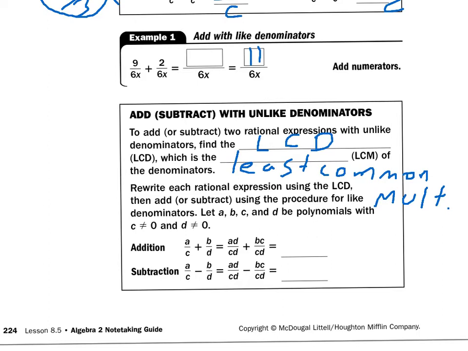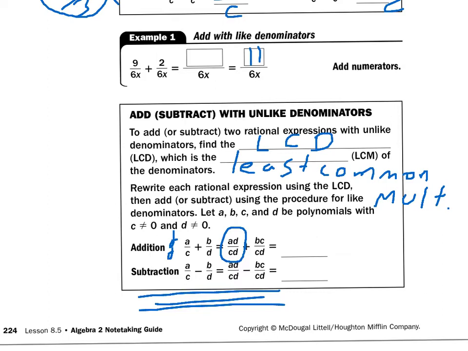All right, so the letters aren't going to make much sense to us, or they might, but I'll go through them anyways. If I have a over c plus b over d, I can't add those things unless I multiply the left one by d over d. Now d divided by d is just 1, so I'm just changing what it looks like to make it ad over cd.